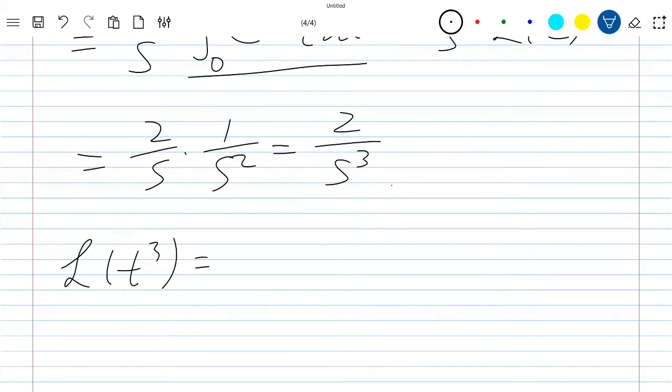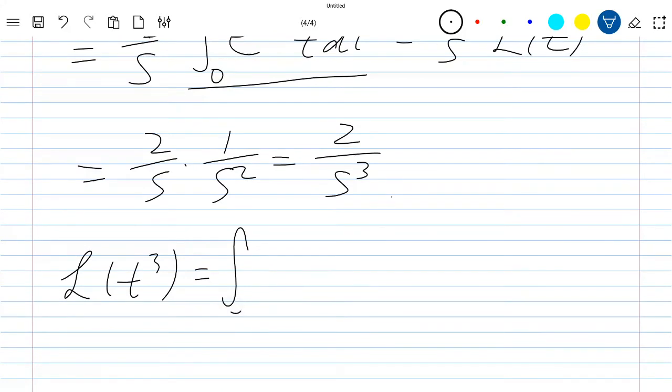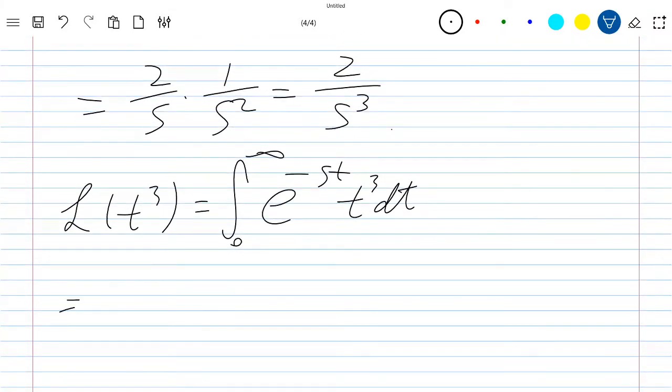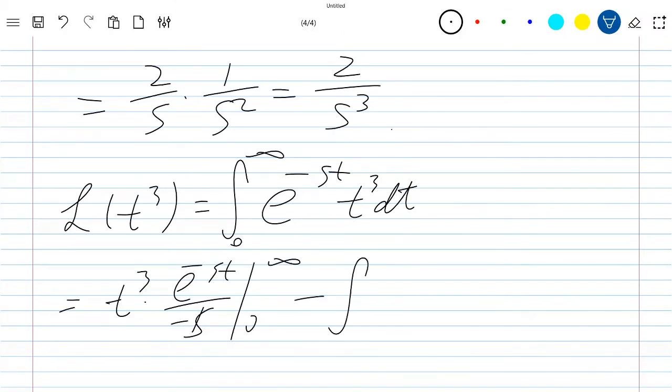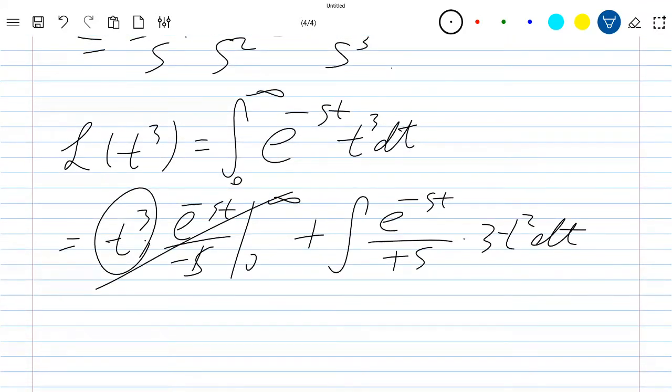And if you recognize the pattern over there, you will see it's kind of the same story again. So let me just write down the uv part directly. Okay, so t cubed times e to the negative st over negative s, and minus e to the negative st over negative s, then d of that is 3t squared dt, and this cancels, and the first term will be gone, right?